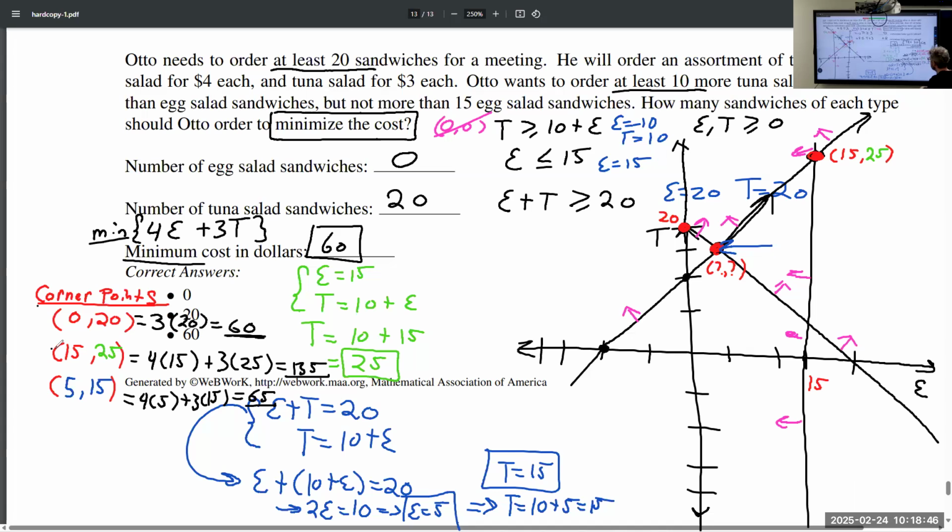Everything else was simply to solve where that was. Now, this is unbounded. This region has no boundary. Let's see if I can show that.